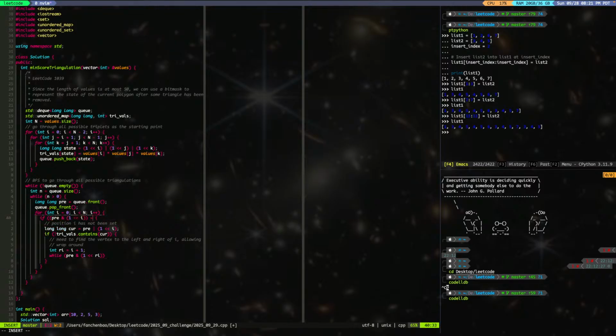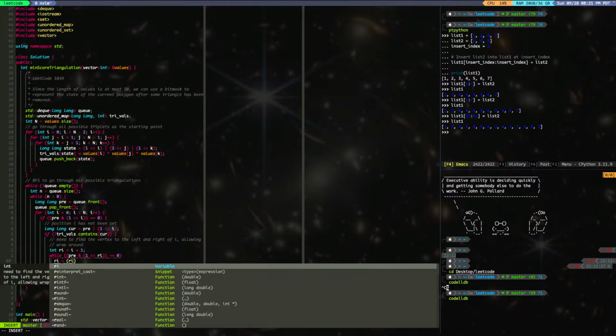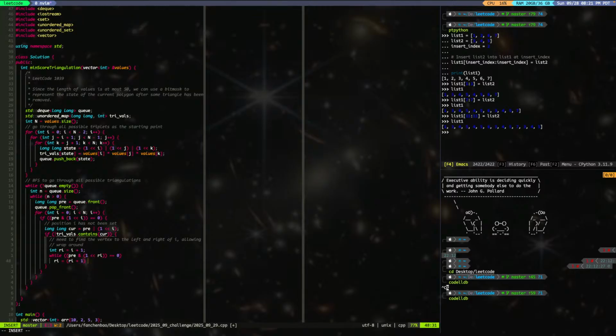We should do this is equal to 0, right? So while this is equal to 0, it's not being set, then ri equals ri plus 1 mod n.